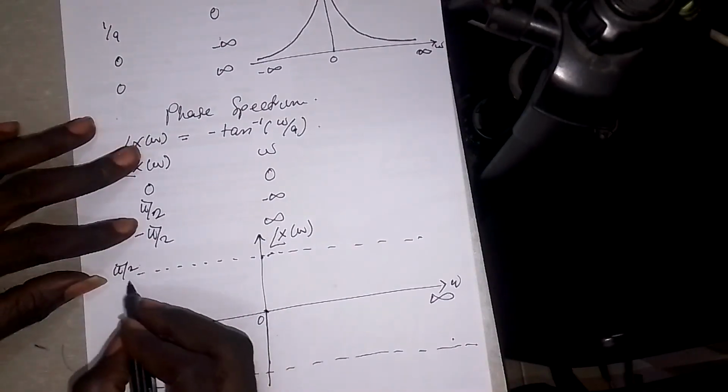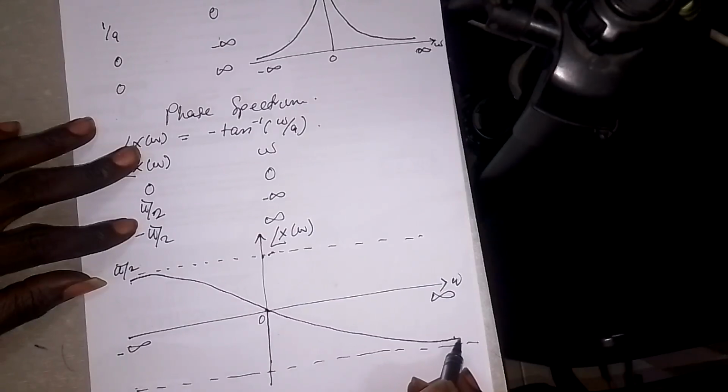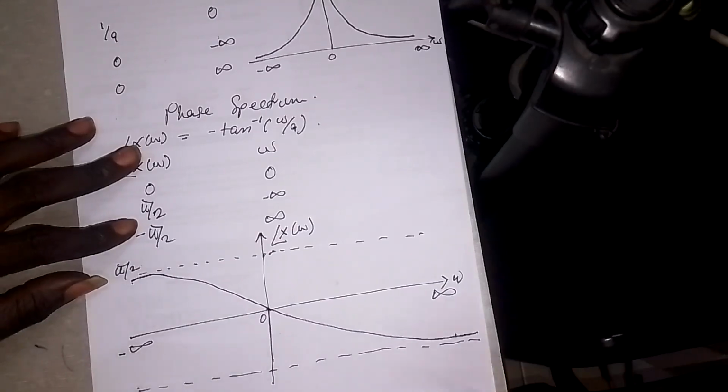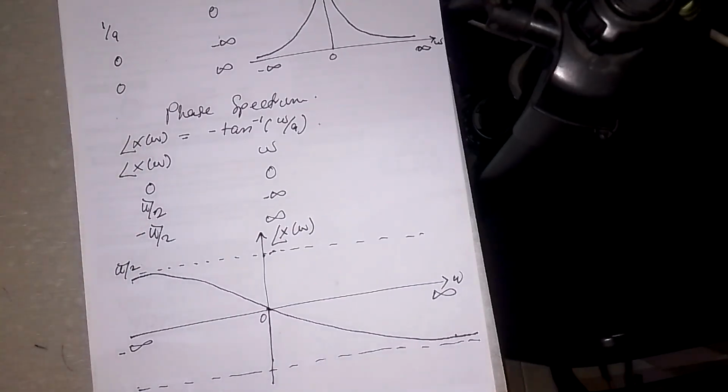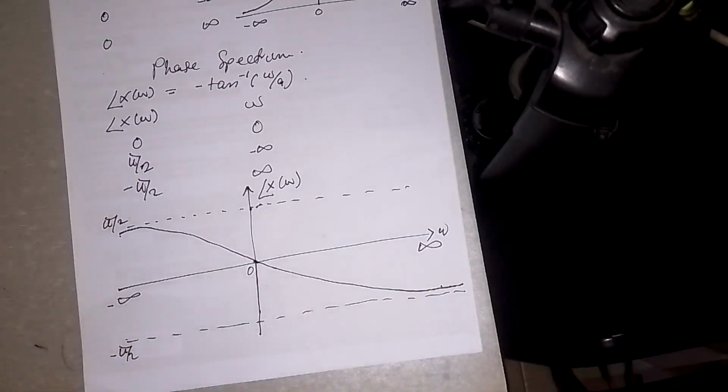So our curve will come close, but it will not touch. This becomes our phase spectrum. All right, so this is how our phase spectrum will look like.